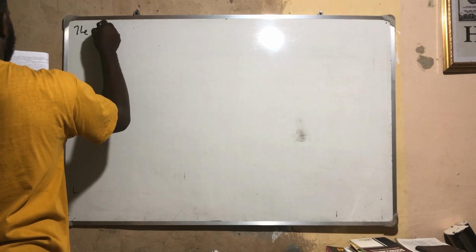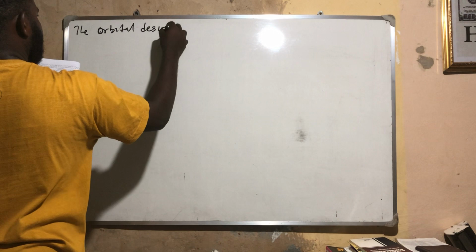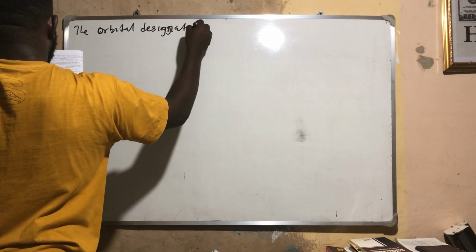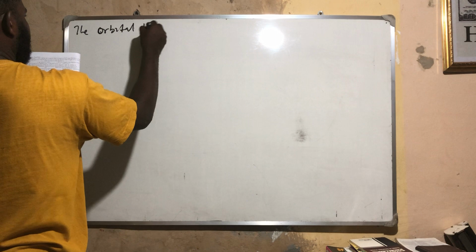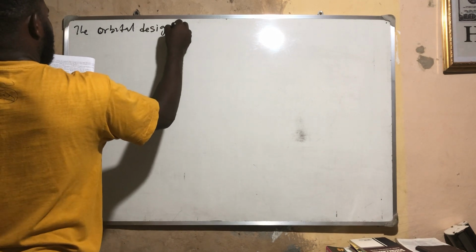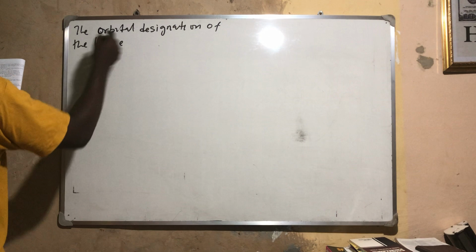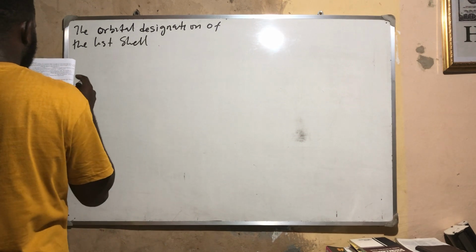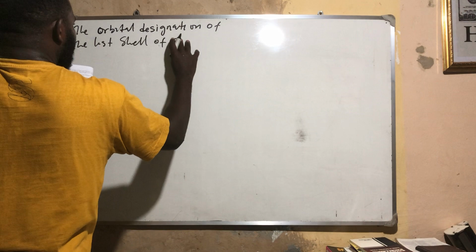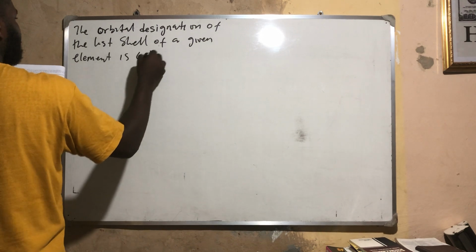They said the orbital designation of the last electron in the last shell of a given element is 4d6.